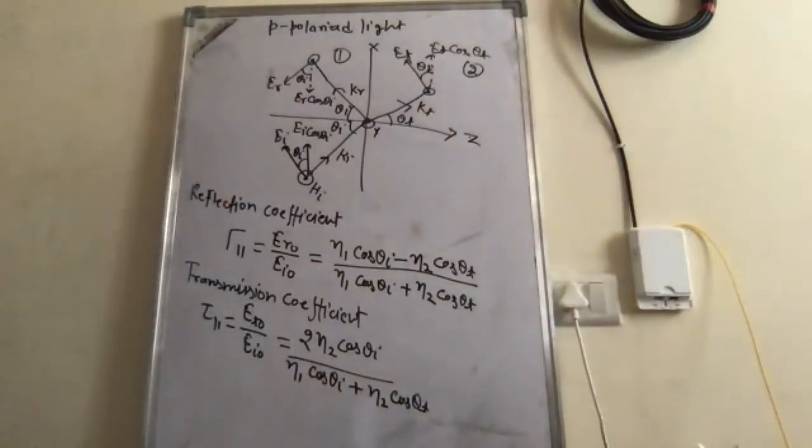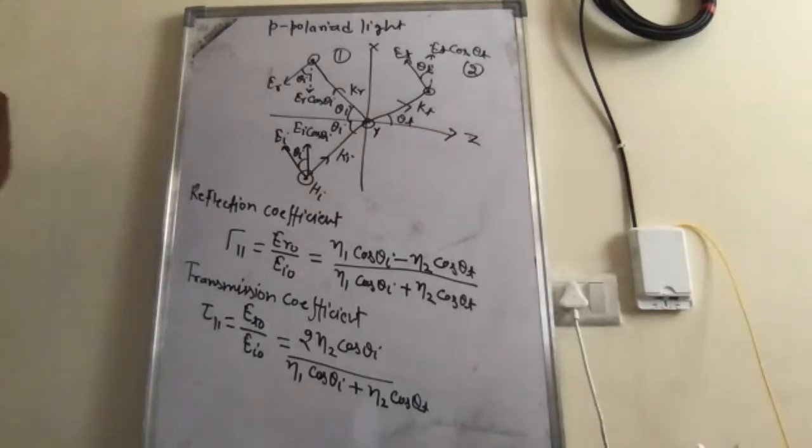So these were the reflection and transmission coefficients in terms of the intrinsic impedance of medium 1 and medium 2, and the angle of incidence and angle of transmission, for parallel polarized light.